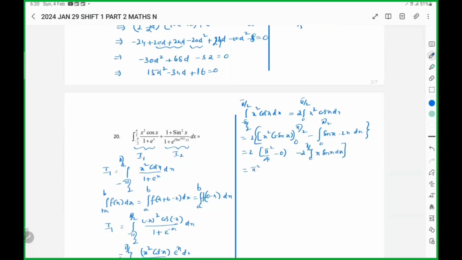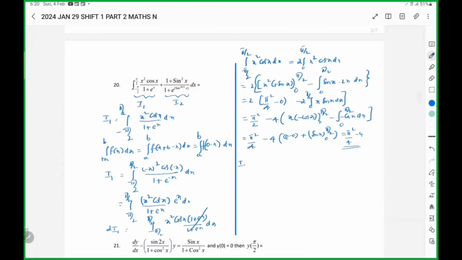So which is pi square by 2 minus 4 into minus cos x between 0 to pi by 2, derivative of x, 0 to upper limit cos 90 0, lower limit 0, integral cos x, which is pi square by 4 minus 4.